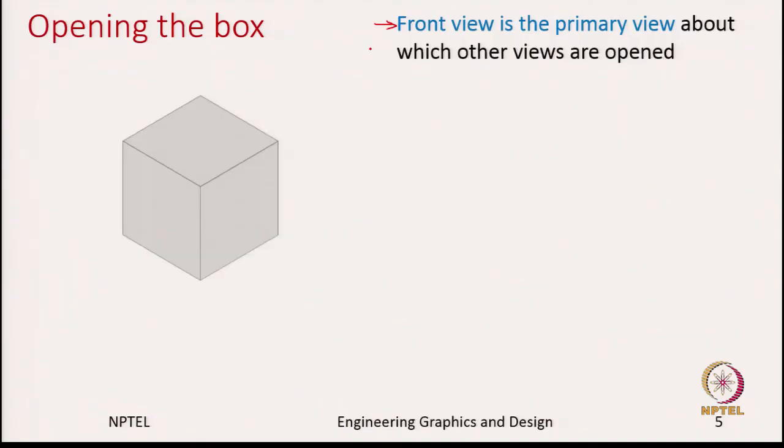Again we have this box, and in that box we have this object. We have captured the front view, and after that the top view. Now comes the question: how do we unfold the box? We said that the front view is primary and we are not moving it, which means the front view is fixed.